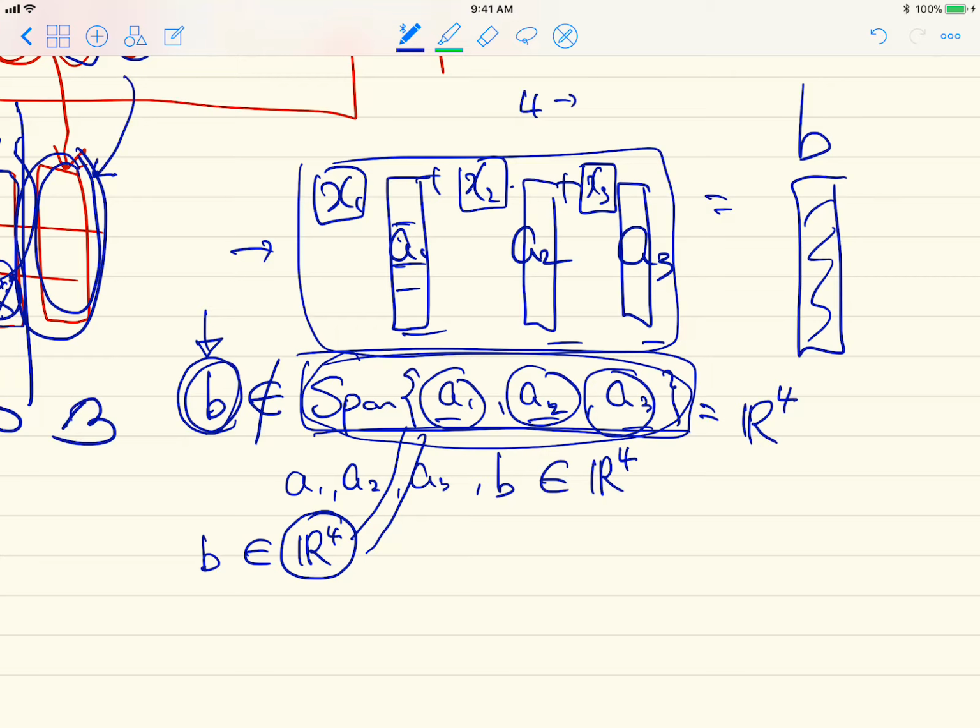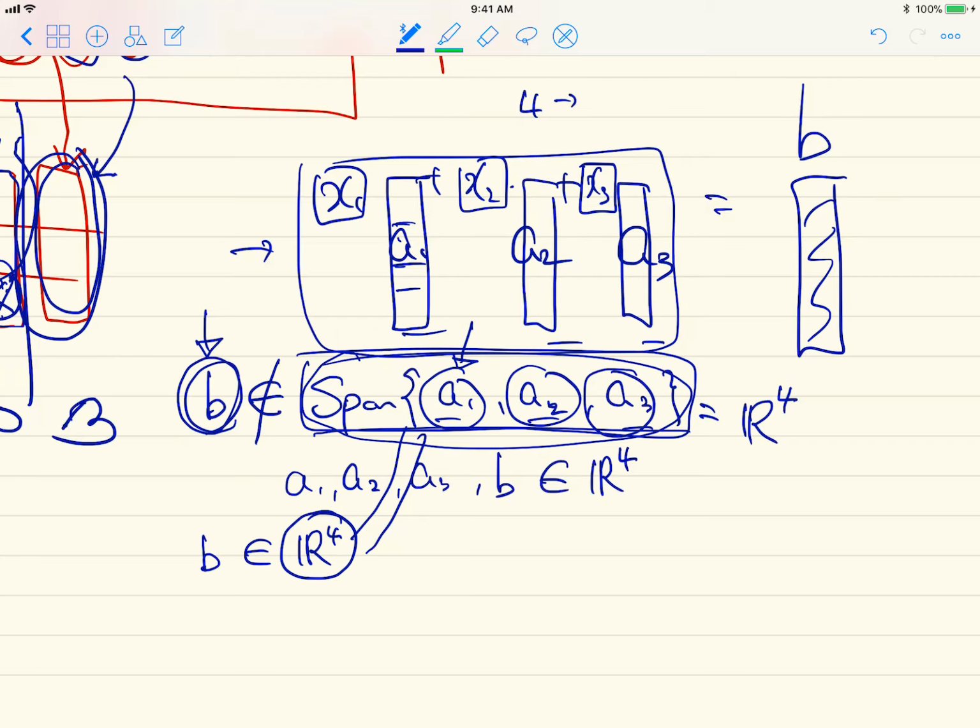So if we think about our span, let's suppose we incrementally expand our span by adding one vector at a time. If we have a first vector a1, the span of this single vector will be just a single line, right? And if we have a second vector, it will be expanded into this plane.